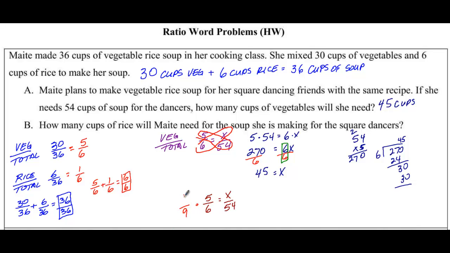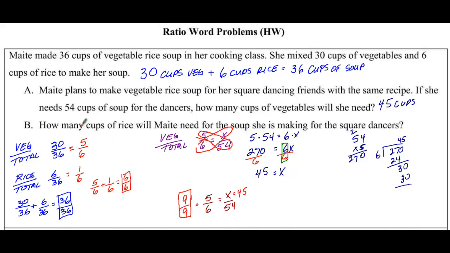That number's 9. So if we use a big 1, 9 over 9, we're going to create equivalent ratios. 9 times 5 equals 45. Notice we get the same 45 either way, and that has to happen. If you try a different way and you get a different answer, something's wrong. All right, so now we've got 45 cups of vegetables.